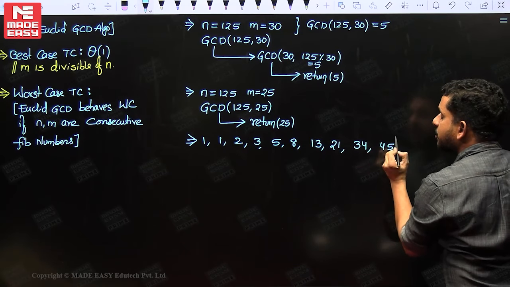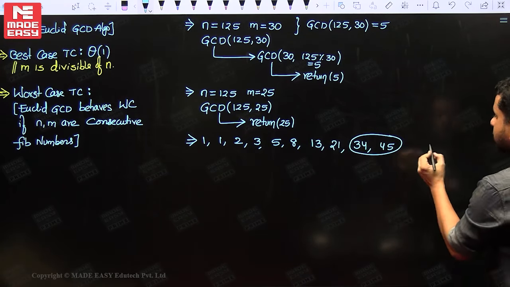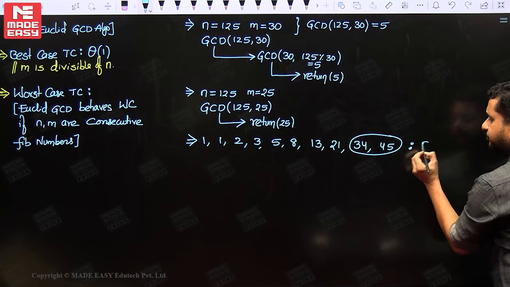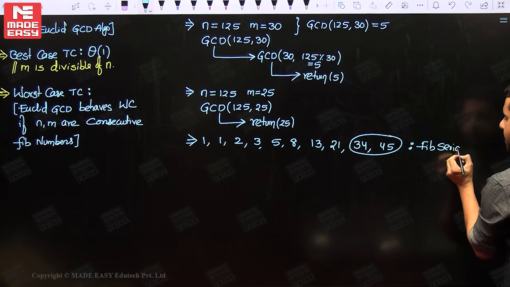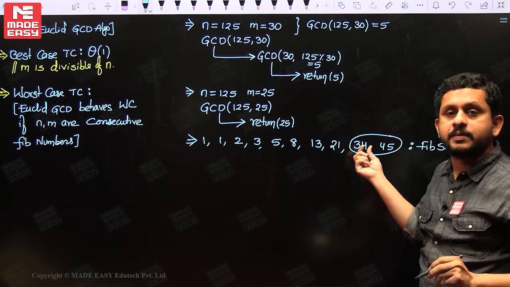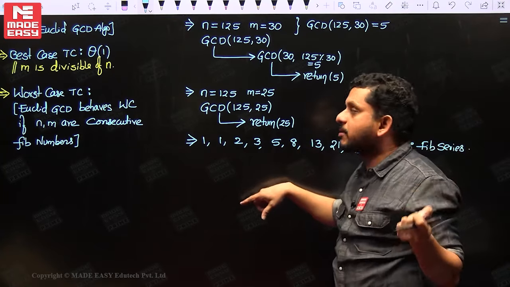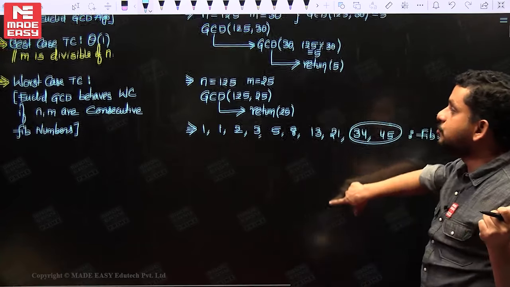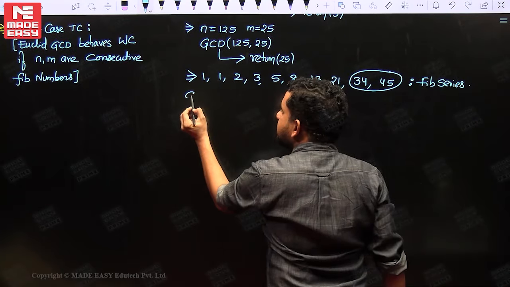Let's say you wanted to find the GCD of these two numbers. Assume the input we feed to the algorithm is two consecutive Fibonacci numbers. Then this Euclid GCD algorithm takes more function calls. Let us see this one.